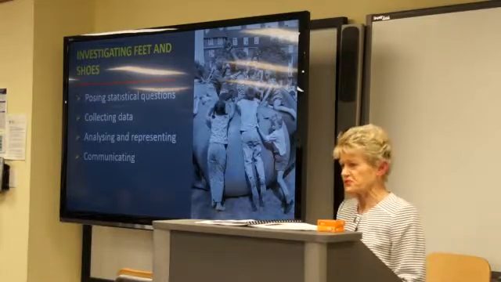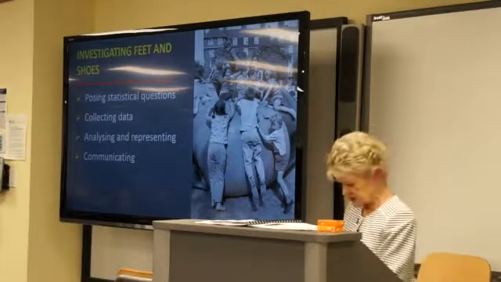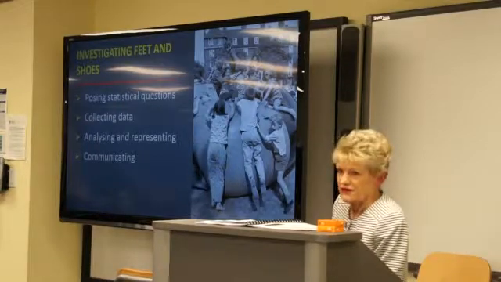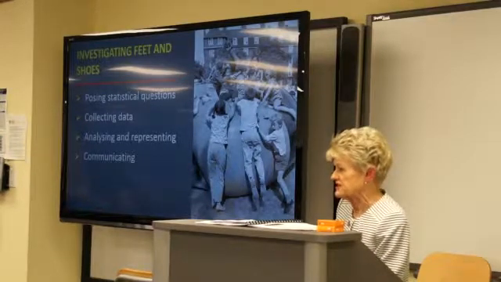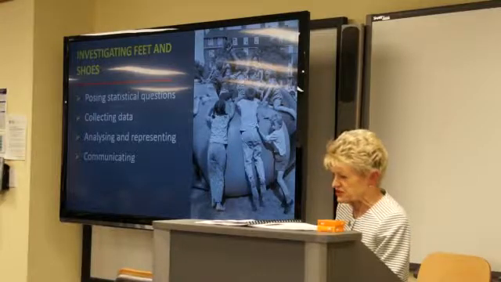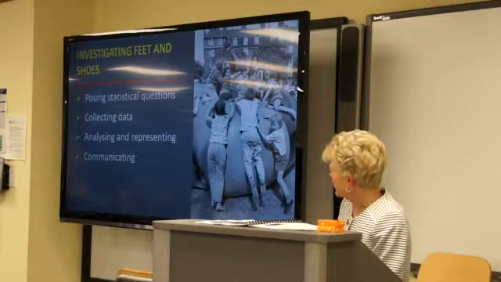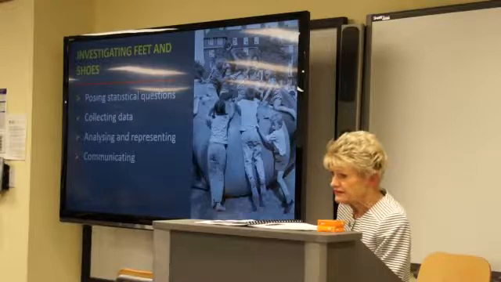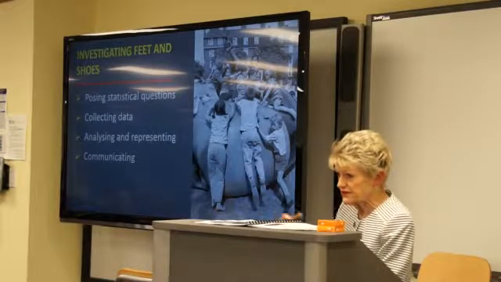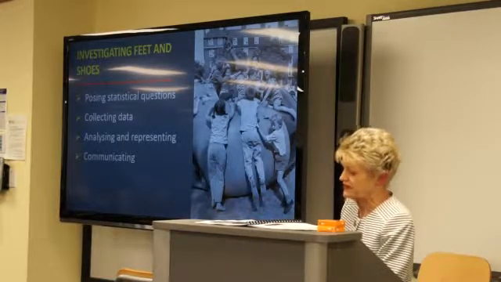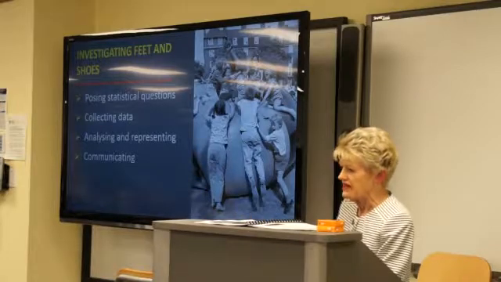So they posed questions, which, in itself, posing statistical questions, is not easy, because they have to learn to refine those questions to make them manageable questions to collect data. They collected data through designing a survey, collecting the data in their classroom, and then later on they could extend it to other classes.